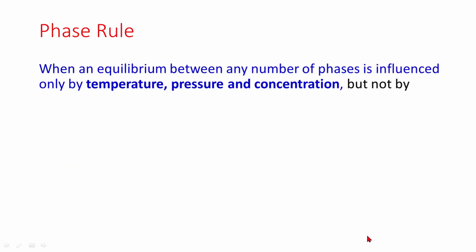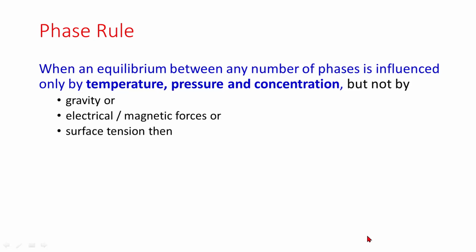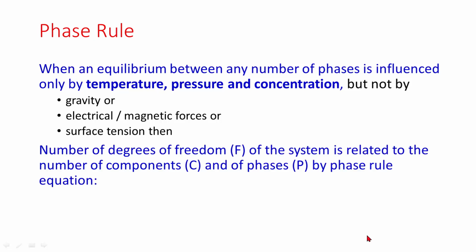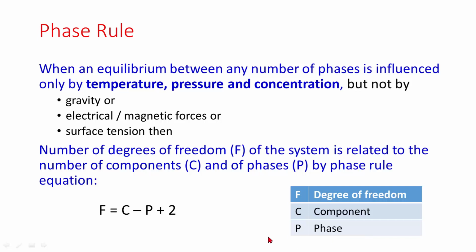Phase rule is when an equilibrium between any number of phases is influenced only by temperature, pressure, and concentration, but not by gravity, electrical or magnetic forces, or surface tension, then the number of degrees of freedom F of the system is related to the number of components C and of phases P by the phase rule equation, and the phase rule equation is F = C - P + 2.